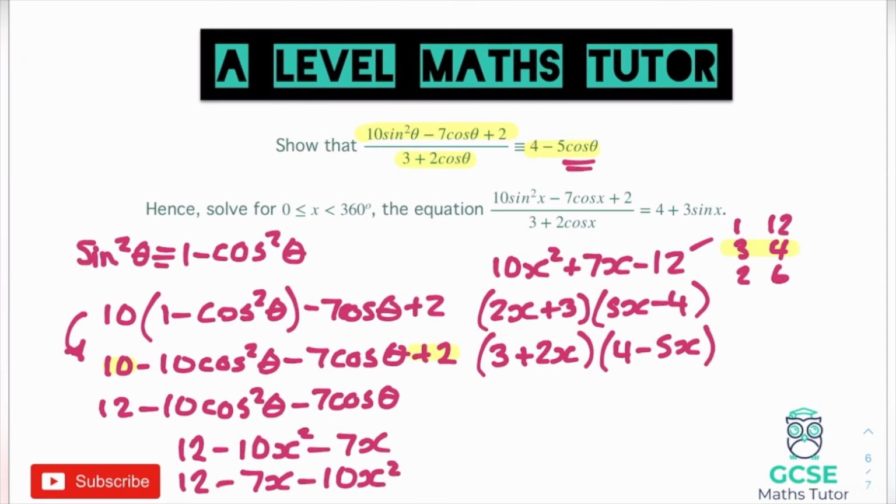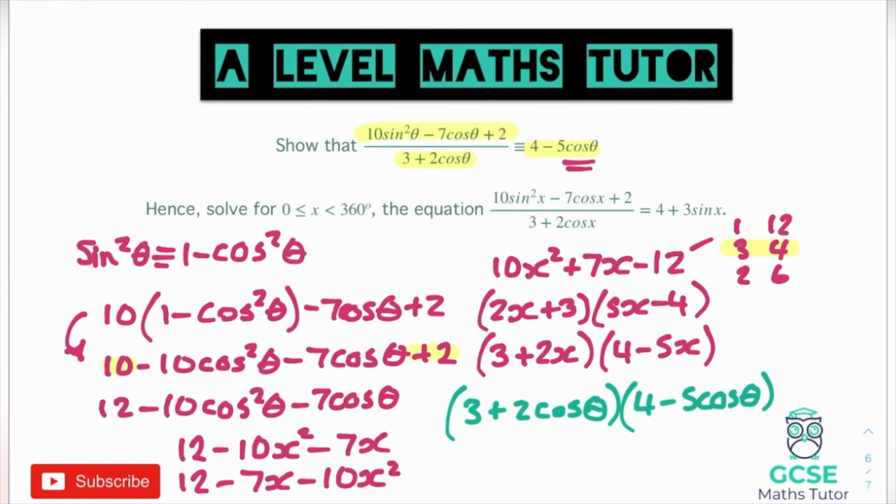Okay, so there are our brackets done, but obviously these x's should have been a cos, so we just want to replace that, which would mean that our numerator would be 3 plus 2 cos theta, and next to that 4 minus 5 cos theta.